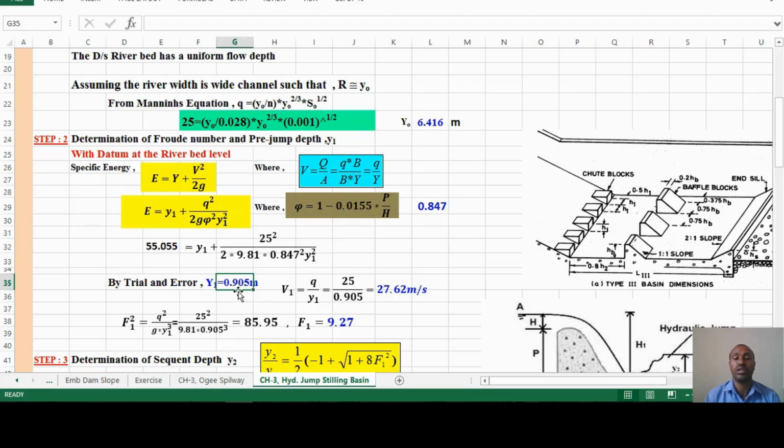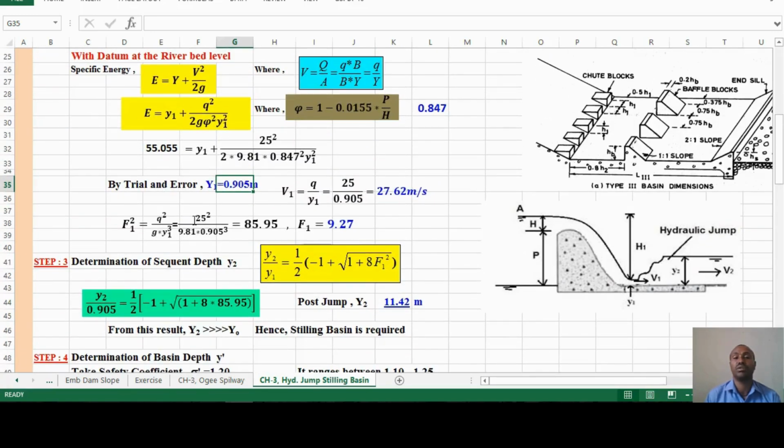Once you get y1, V1 means q over y1, which is 27.62 meter per second. Next you calculate the Froude number, inserting V1 as q over y1.